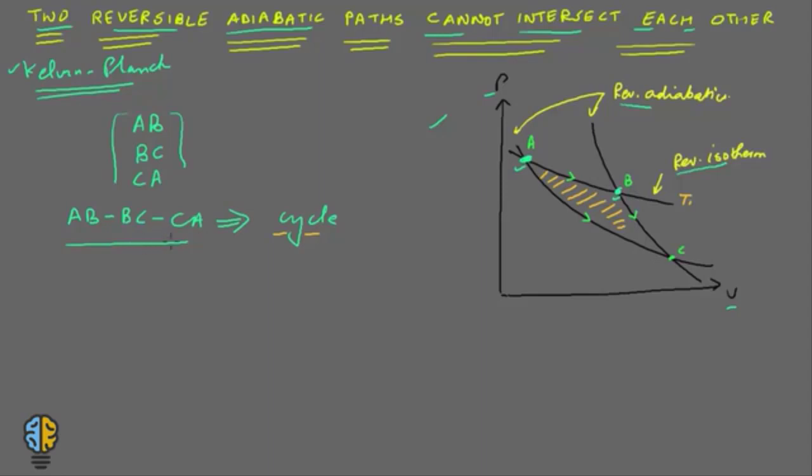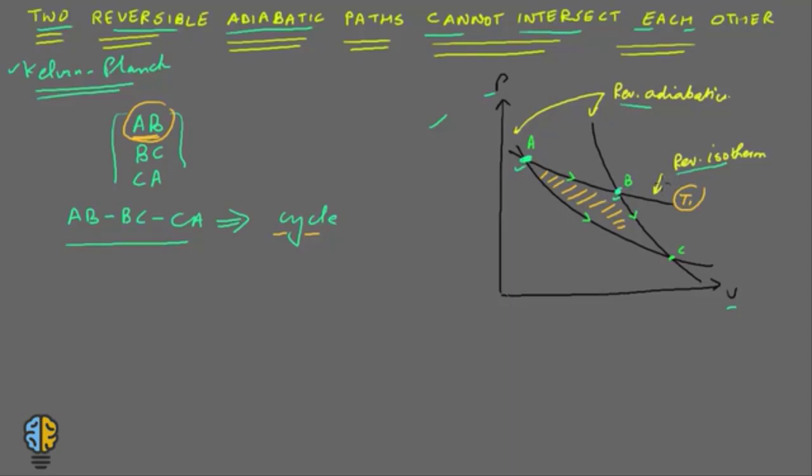Alright, but this kind of a cycle is not possible at all. It is an impossible cycle, since the net work is being produced in a cycle by a heat engine that is exchanging heat with only a single reservoir, and it is represented by the process AB, which is on the reversible isotherm at temperature T1.